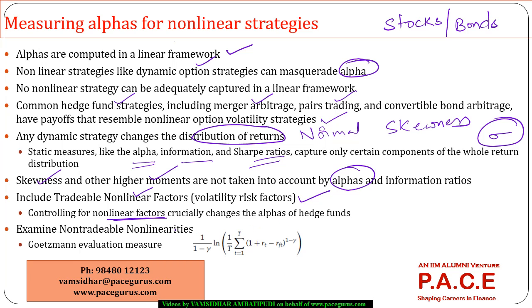So basically I have to examine the non-linearities through this kind of a formula, where I am considering the returns minus the risk-free rate of return, but I am also considering the various higher order moments in the process. So if I have to compute the alpha for a non-linear strategy, the same procedure cannot be implemented. I have to change the process just like the formula that I have highlighted below.